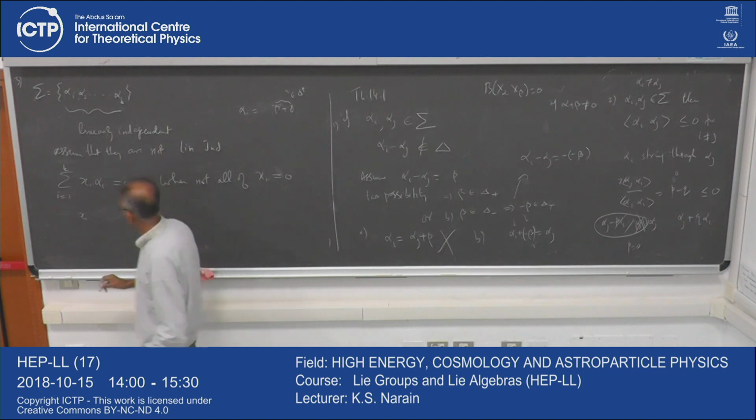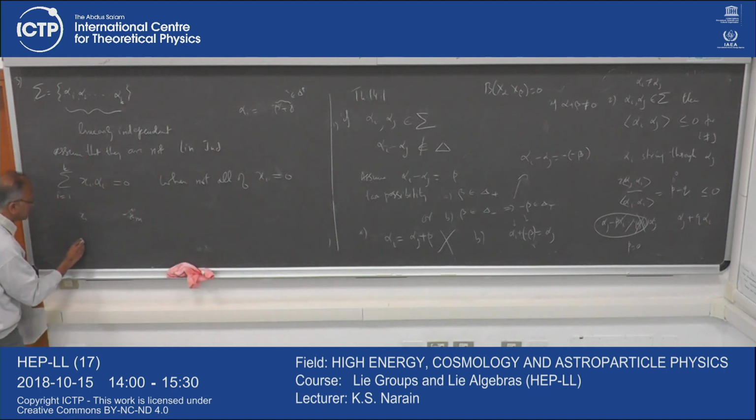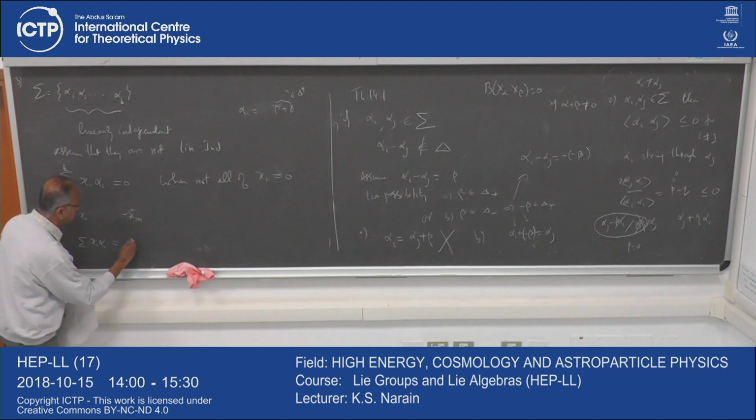Is that clear? So now I can write this equation in the following way: the sum of xi alpha I, where now this sum is not going from 1 to k. It is just going over those indices for which these coefficients are positive. I'm not specifying the range, because it just means take all the positive terms, keep them here, and all the negative terms, take them to the other side. So this will be x hat m alpha m.